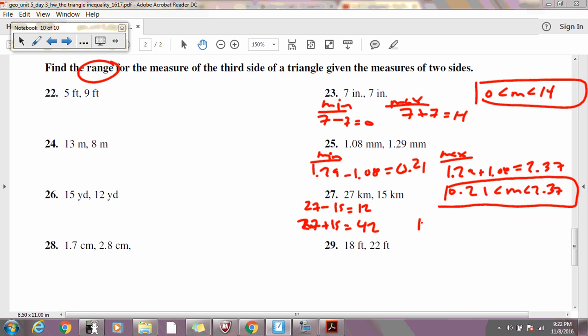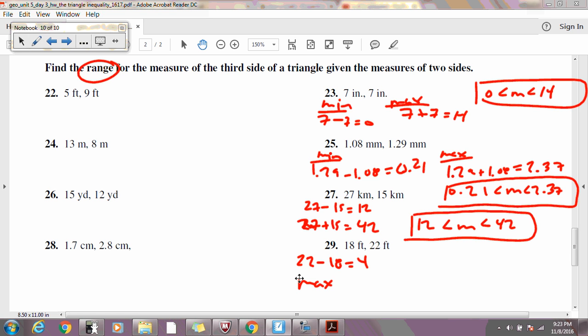So it's from 12 less than x or m less than 42. And lastly, over here, the minimum is 22 minus 18, which is 4. The maximum is 22 plus 18, which is 40. So from 4 to 40. That's a big range.